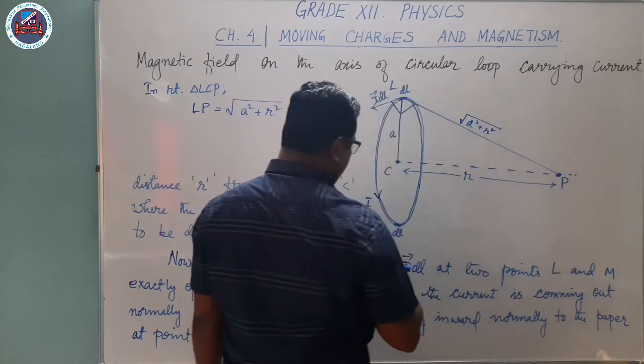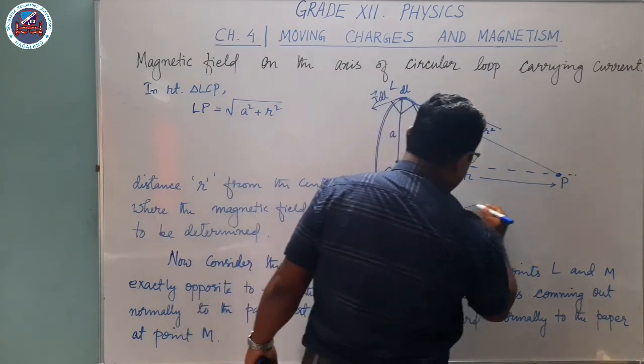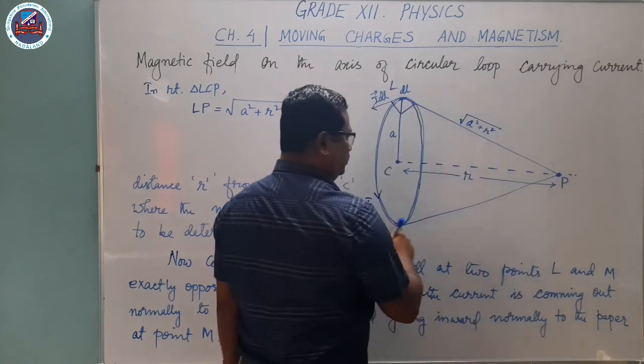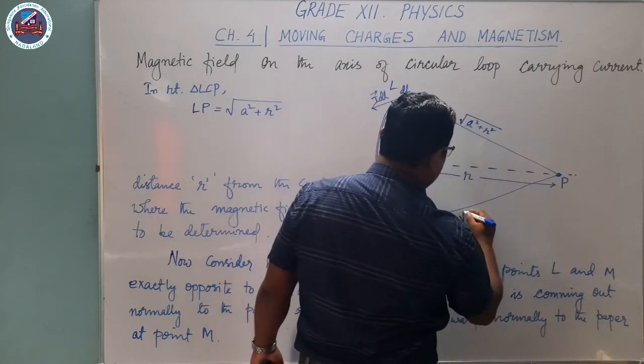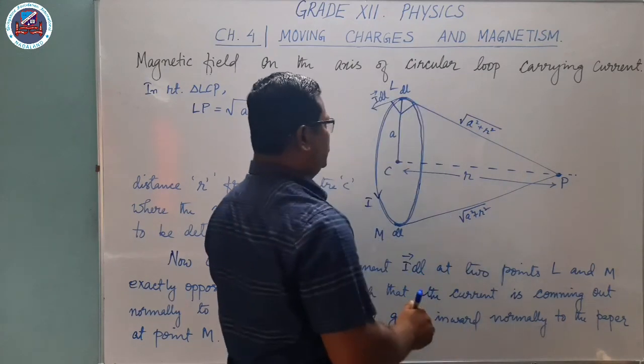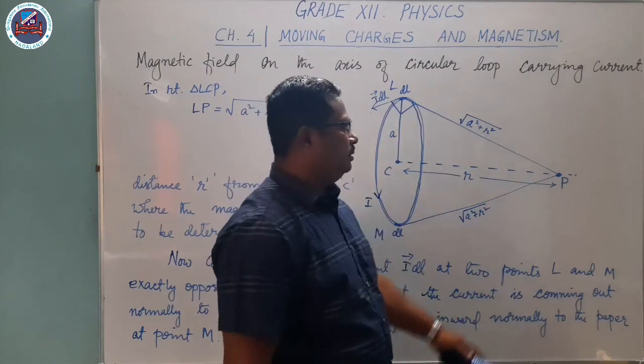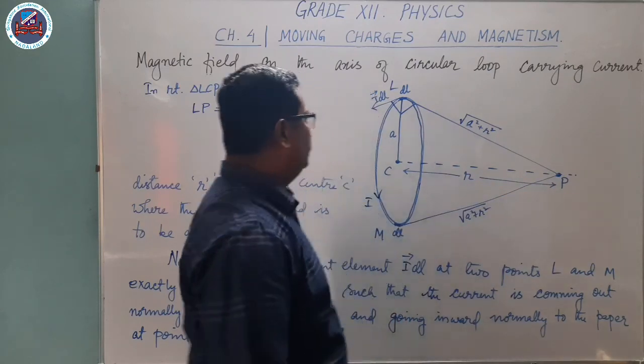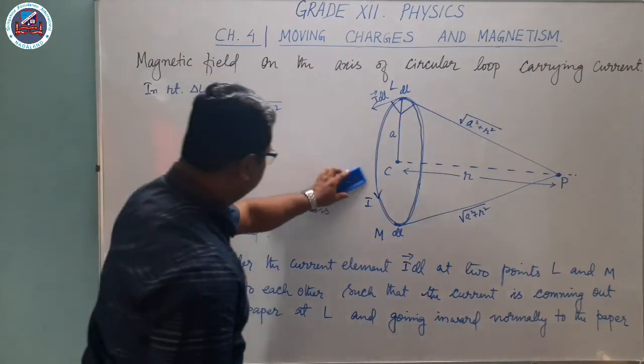In the same way, if you join the line from M to P, you get the same thing, square root of a square plus r square. Now you can use Biot-Savart's law at point P to find the magnetic field.